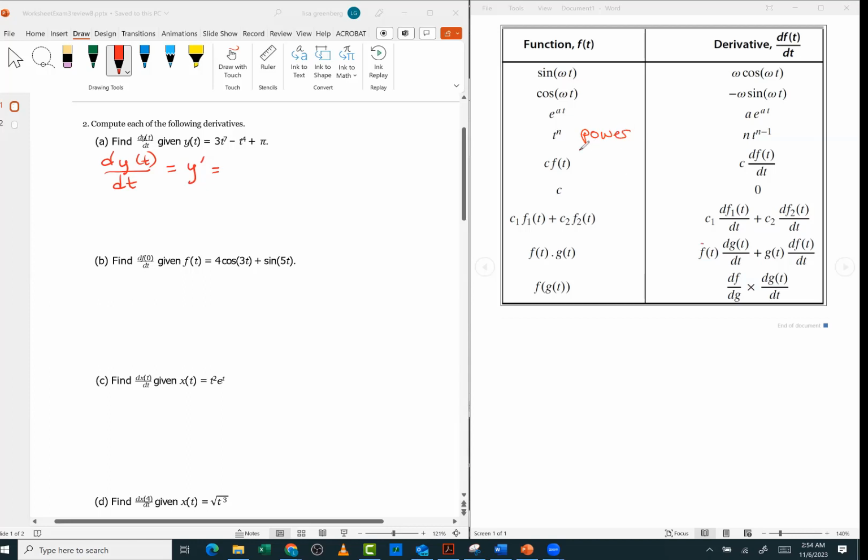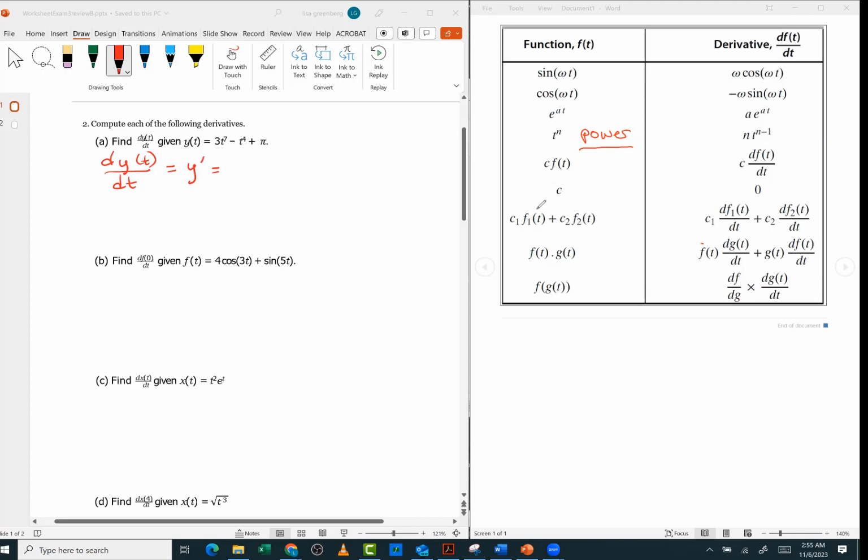We use this often. We also are going to use this. This just basically says if you have a constant in front of a function, the derivative would be the constant times the derivative of the function. The derivative of a constant is 0. I talked about all this in our video.